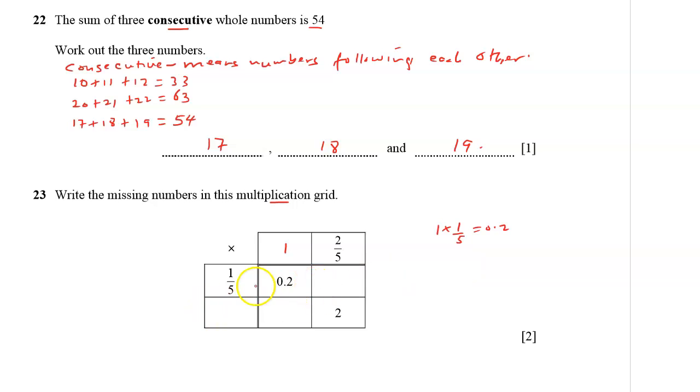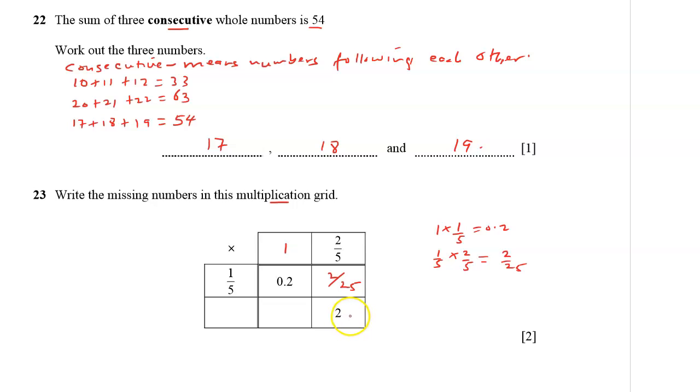Of course, a fifth times 2 fifths, what we get is 2 over 25.